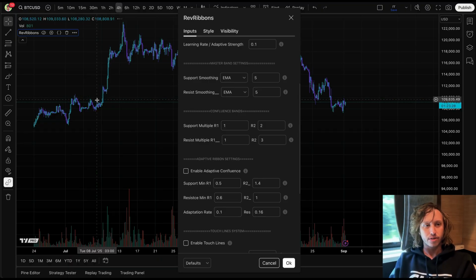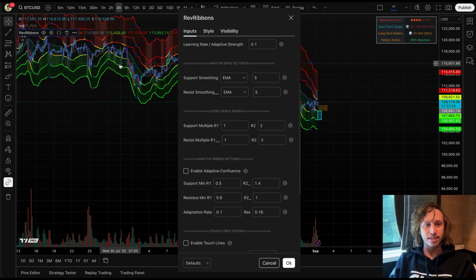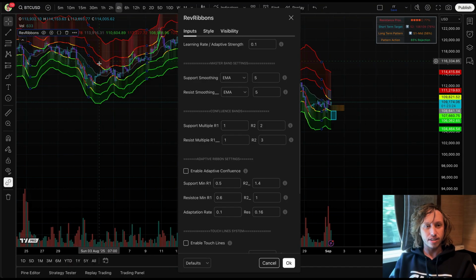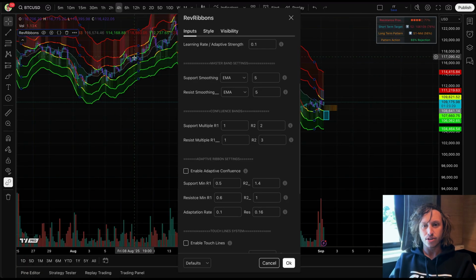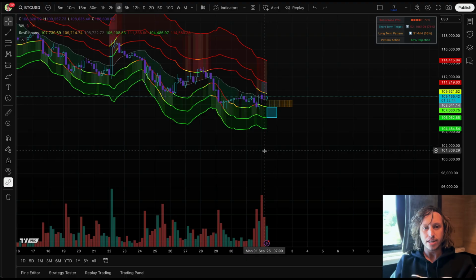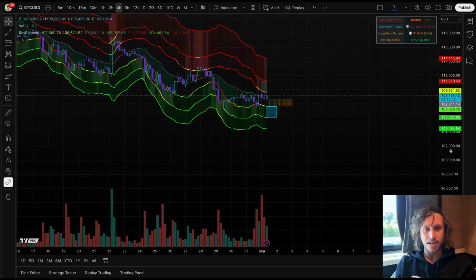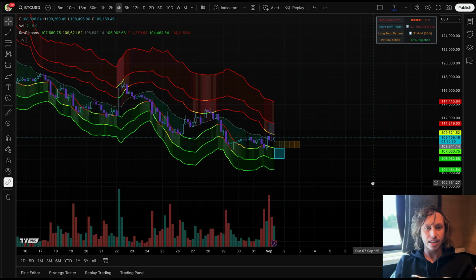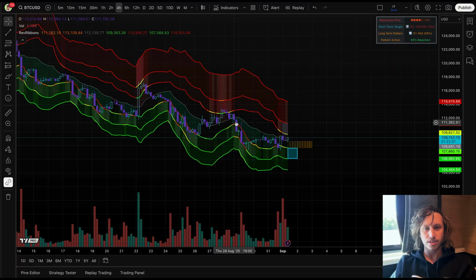So the great thing about the ribbons indicator is the support and resistance bands are not identical to each other. Sometimes you'll see, back here, where the resistance bands flip up and the support bands flip down. This is just due to the nature of the ribbons indicator, which is analyzing price action and what is most likely good support and resistance zones long term.